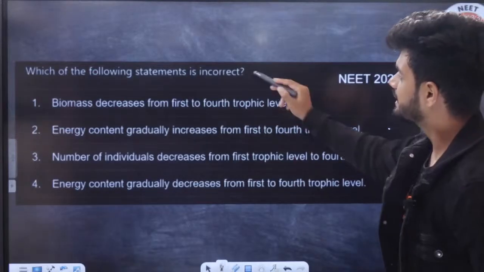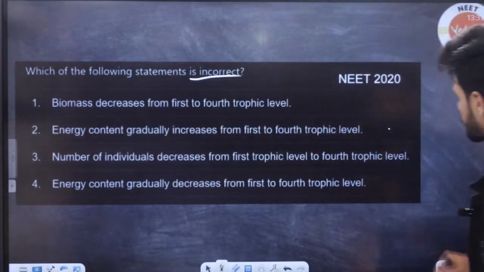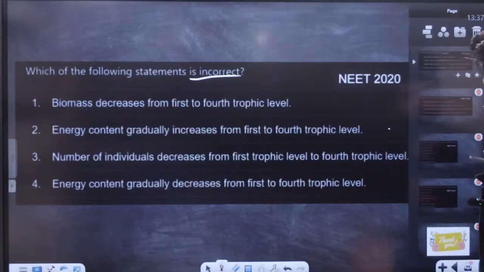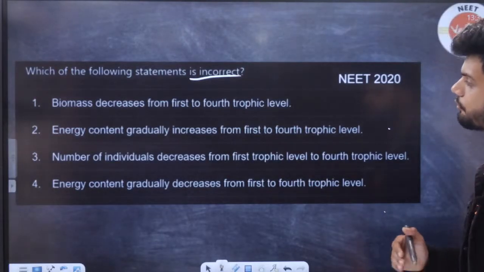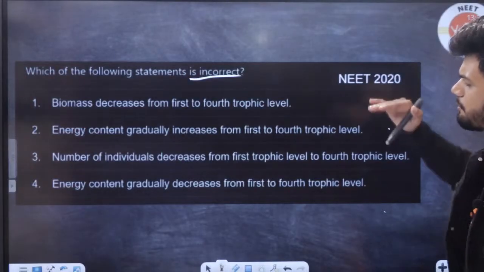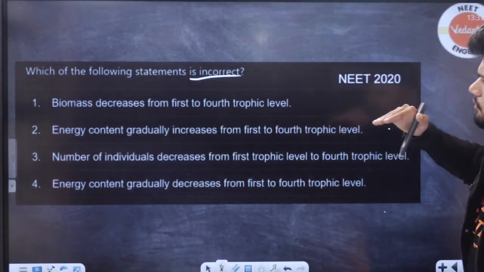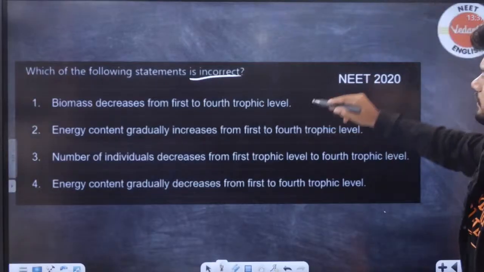Which of the following statements is incorrect? I'll give you 10 seconds. Start solving. Biomass decreases from the first to the fourth trophic level. Biomass is always decreasing from the first trophic level to the fourth.